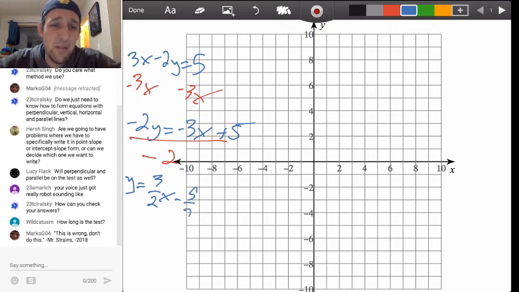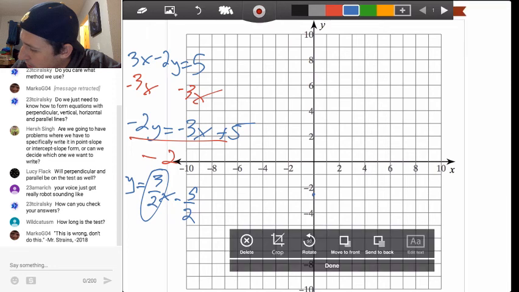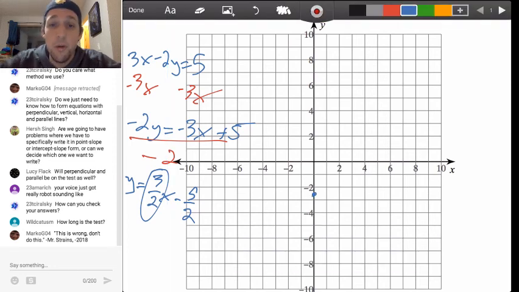I don't want to graph that, right? Because now I've got to guess a little bit on my y-intercept. But your final solution should still have a slope of 3/2. It still should have this slope. And if you look at your graph, negative 5/2 is about negative 2.5. So it should go through right about there.